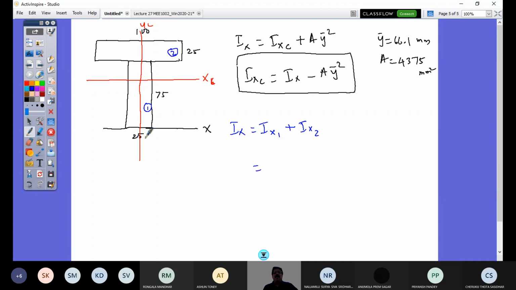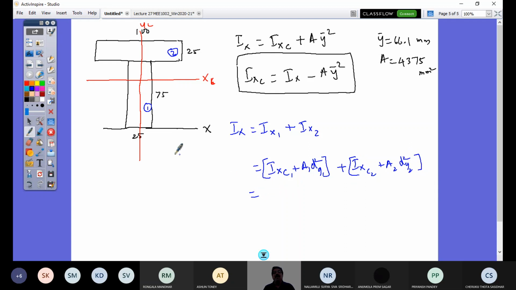So when I say Ix1, that is Ixc1 plus A1 dy1 square plus Ixc2 plus A2 dy2 square, right?